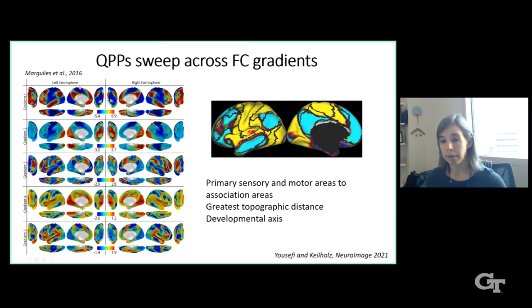And you might realize that this looks exactly like that first phase of our QPP, which I've shown over here for comparison. And so it turns out that our patterns sweep across these gradients.